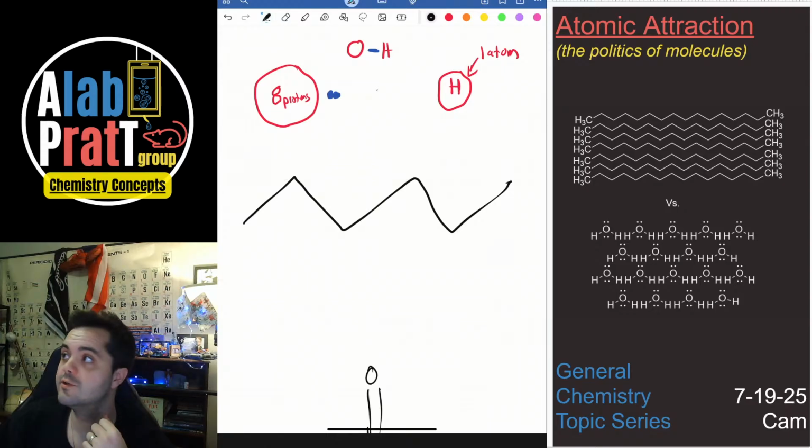Get some values before we go. So a big part of the discussion is using electronegativity. That's where this scale is coming from.